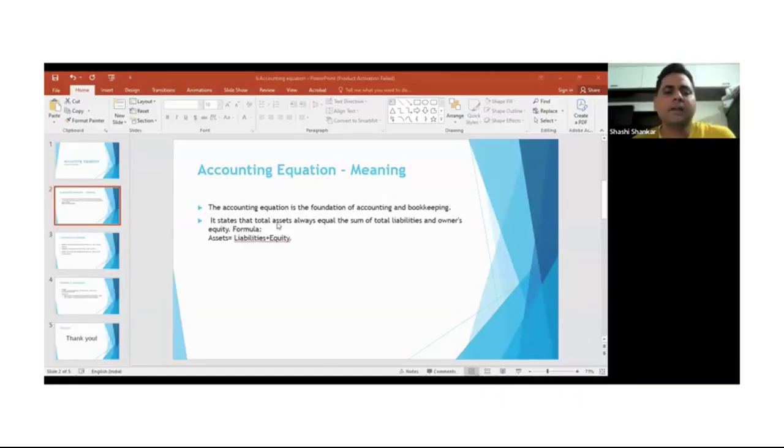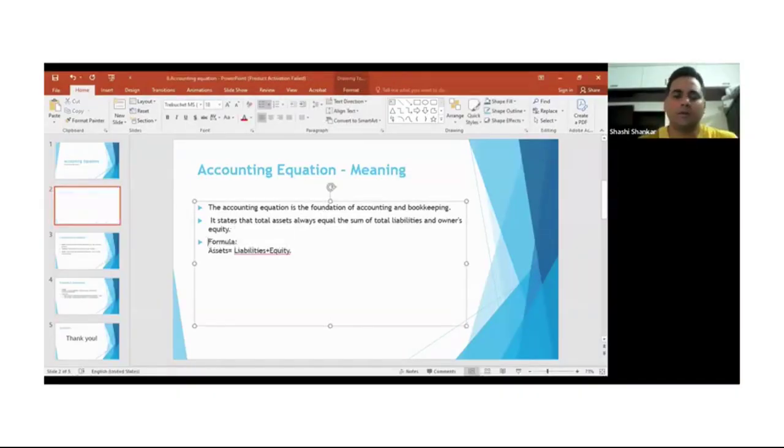So it states that the total assets always equal the sum of total liabilities and owner's equity. Okay, so the overall equation is: asset is equal to liabilities plus equities, which is the shareholders' position. So the sum total of liability and owner's equity is equal to the assets available in the company.